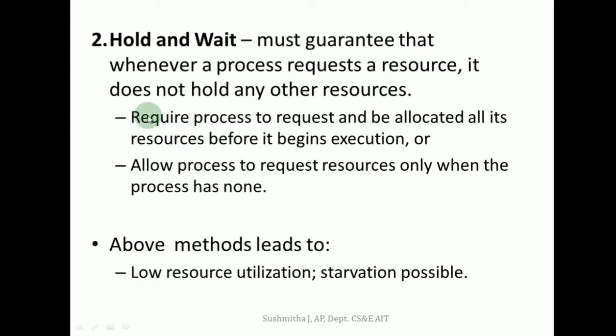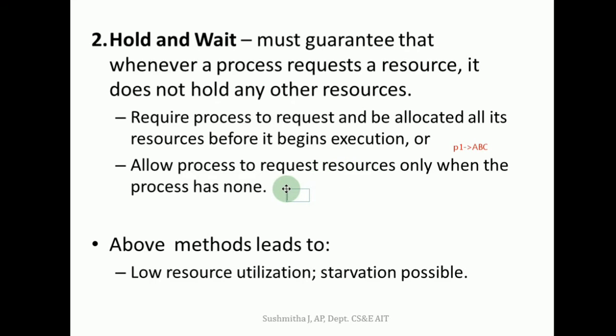The first protocol tells that if process P1 needs A, B, C, it must request all of them before it starts the execution.